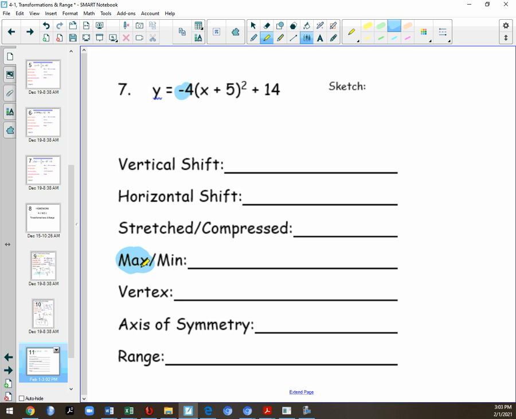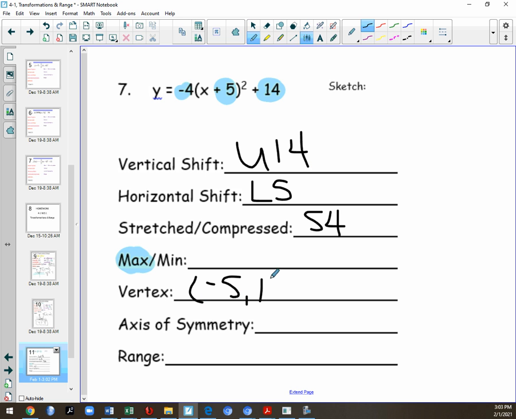Now the next thing I need your brain to look at is that 4. That 4 is going to be a stretch of 4. I am going to be going to the left 5 units, and up 14, which means I have a vertex at -5, +14.